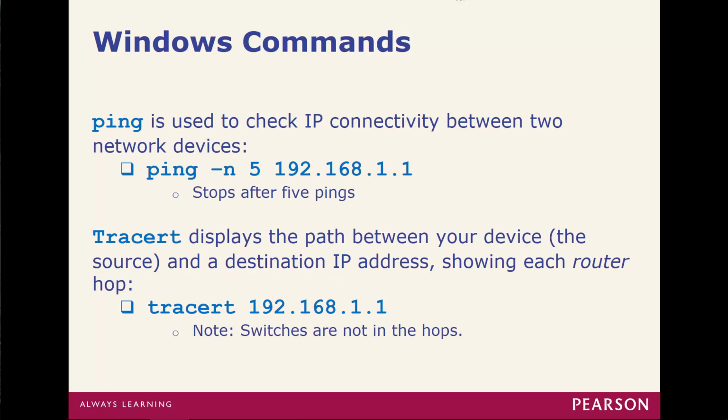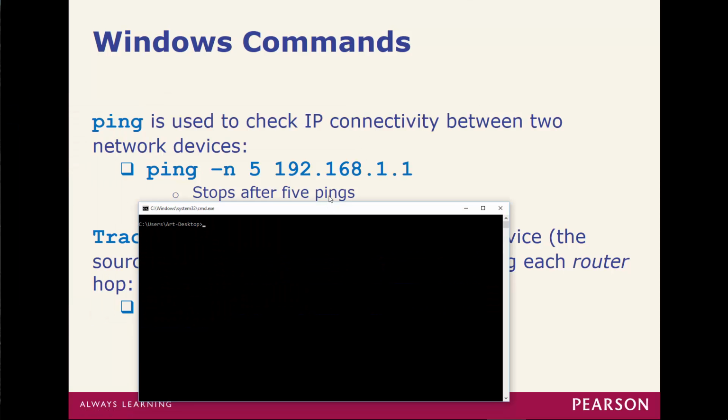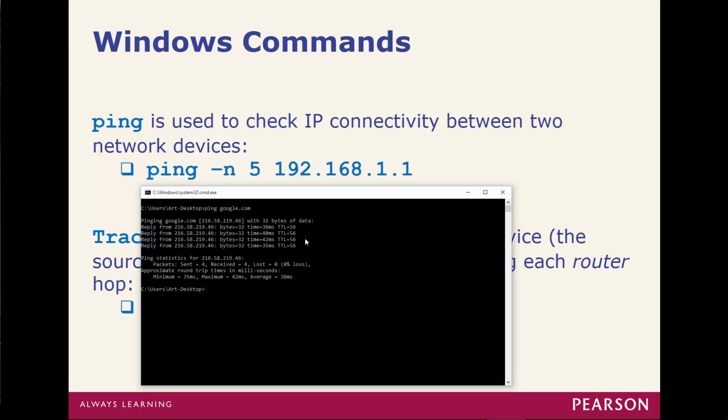What happens if we want to check some connectivity or check some paths? So I want to ping google.com. Well, it's going to ping 4 times. It's going to send an ICMP packet 4 times. But I want to see if it goes 5 times.